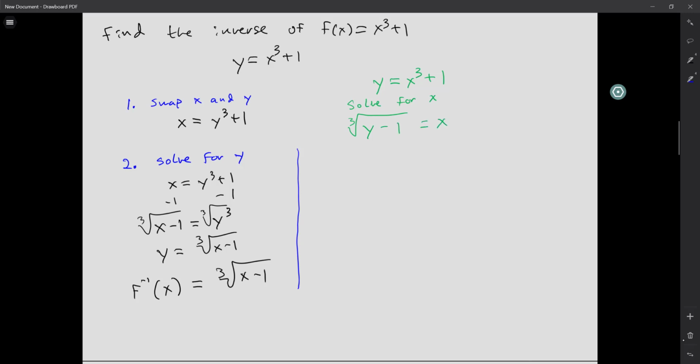So what this is saying is that g of y equal to the cube root of y minus 1 is the inverse of f of x. So really it's the same thing that I have down here, it's just I have y's in place.